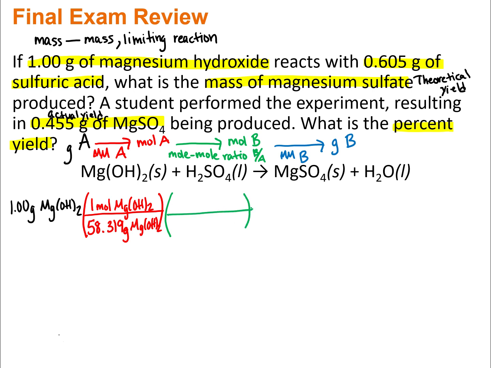Then we have to use our mole-mole ratio. We're looking at magnesium sulfate. On the top, it's the one that we don't know about. And magnesium hydroxide is the one we do know something about.